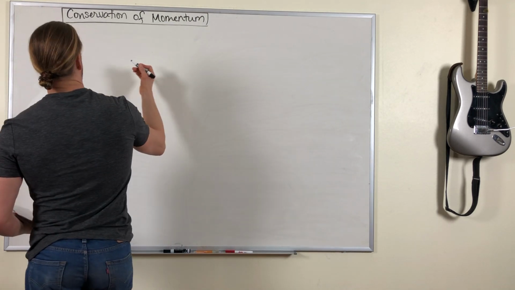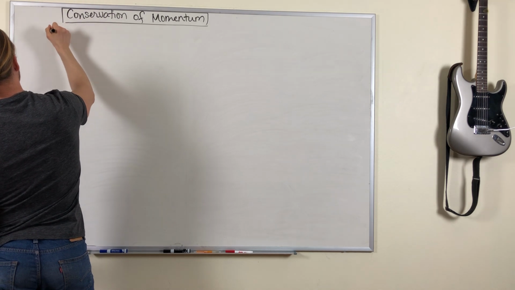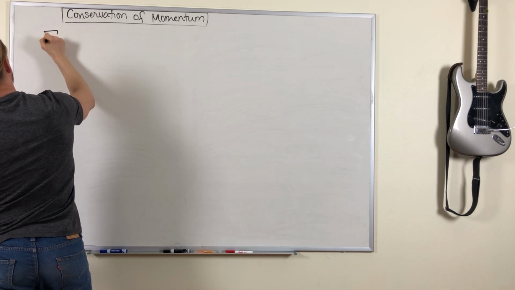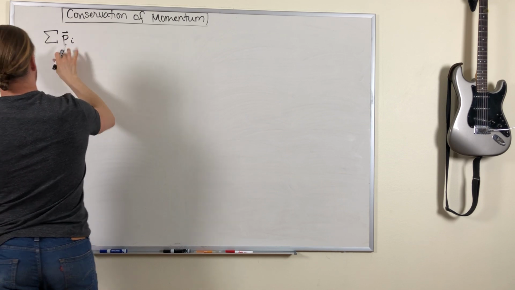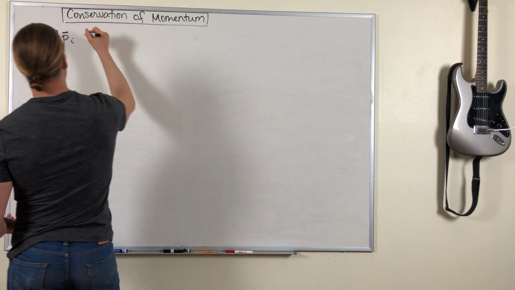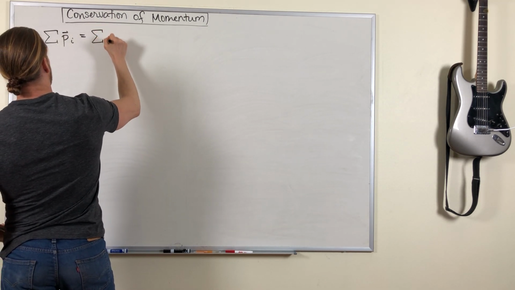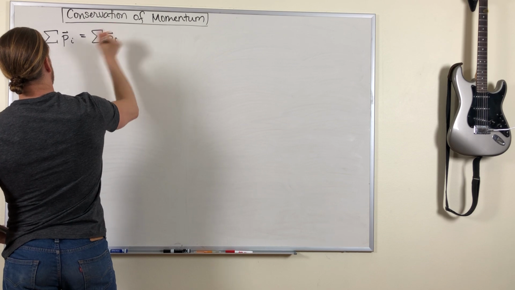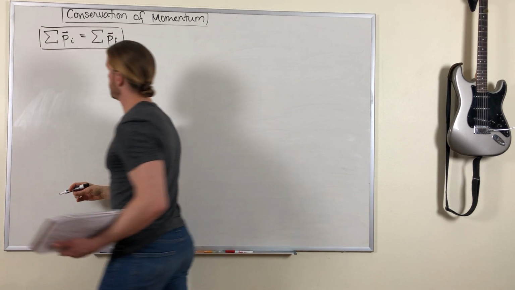So the law of conservation of momentum can be written quite simply as the sum of all the momenta in the initial state of a system equals the sum of all the momenta in the final state of the system.